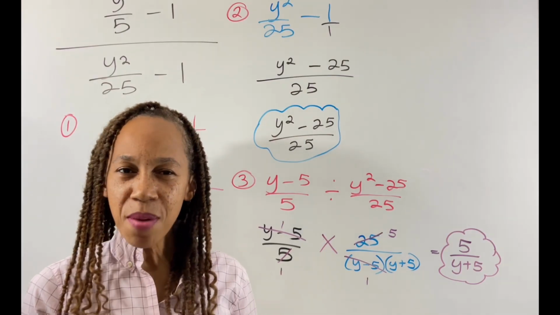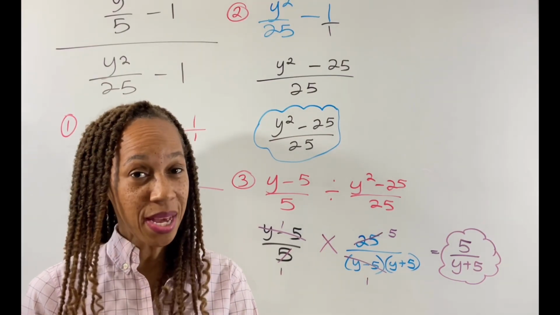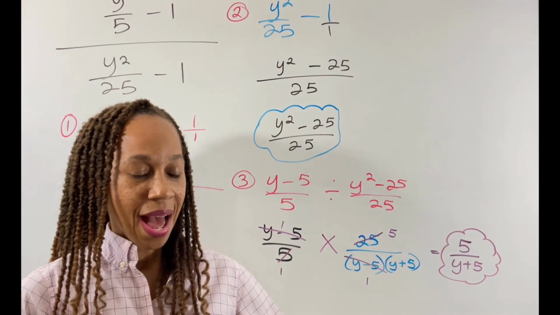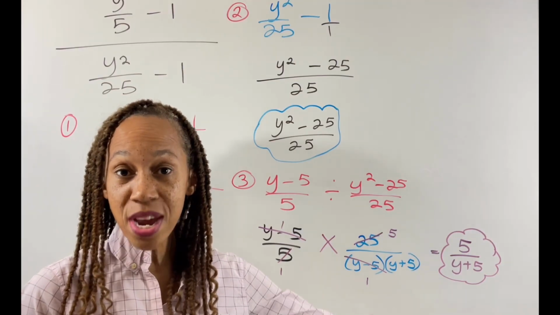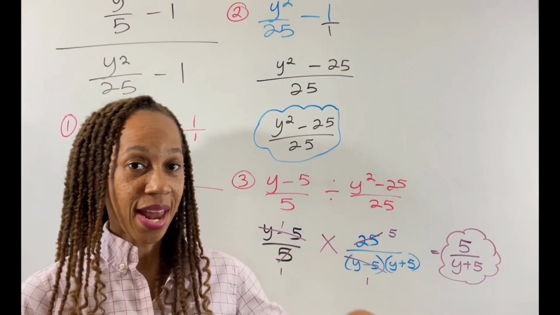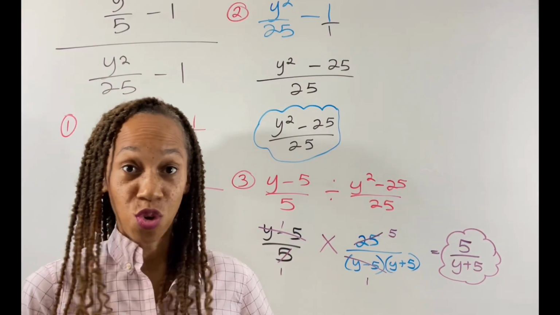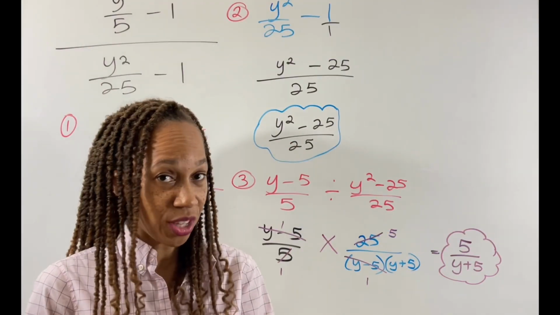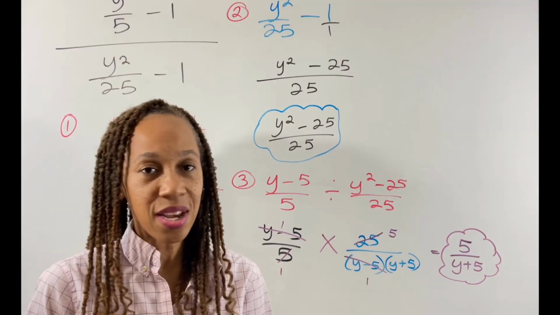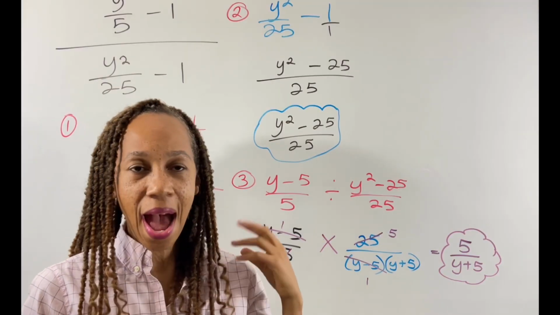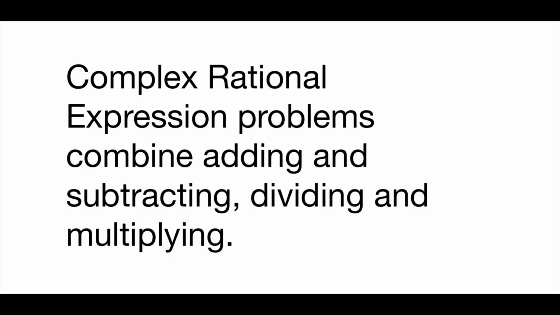So pretty much when it comes to this topic, you have to already know how to creep, and then you get up now and you're ready to walk. You see a complex rational expression, I want you to think outside the box. I want you to think further and say, hey, it is a combination of adding rational expressions, subtracting rational expressions, multiplying rational expressions, and dividing rational expressions.